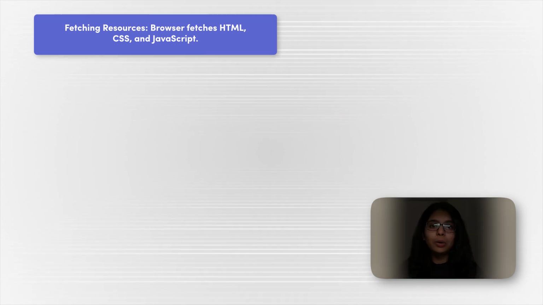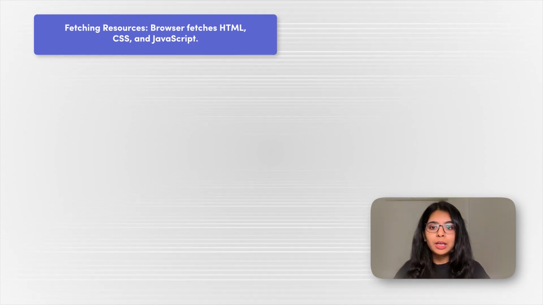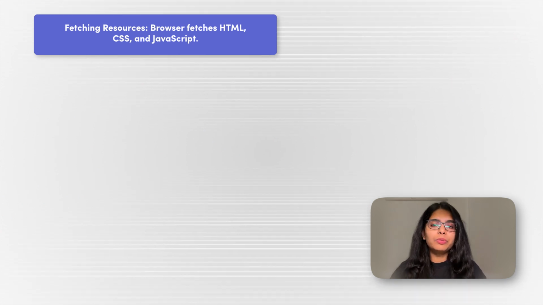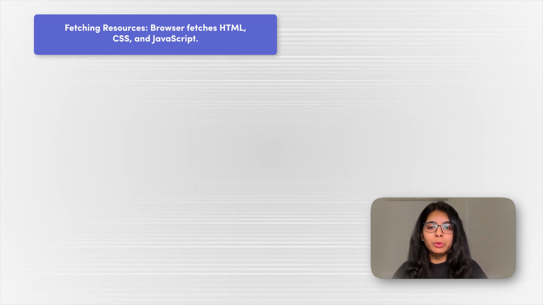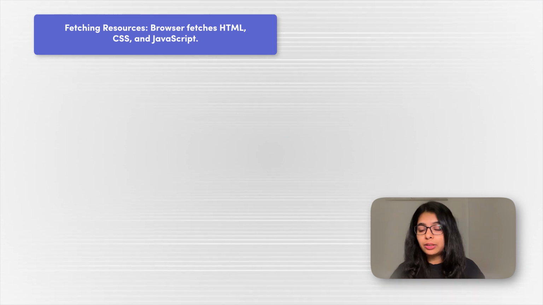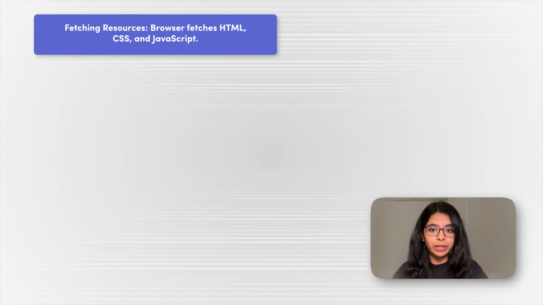To wrap it up, let's quickly revisit the key steps in the critical rendering path. We started with navigation, where the browser starts the DNS lookups and server connections to fetch the web page. The web page is received in the form of an HTML document which contains all the other resources like CSS and JavaScript links.